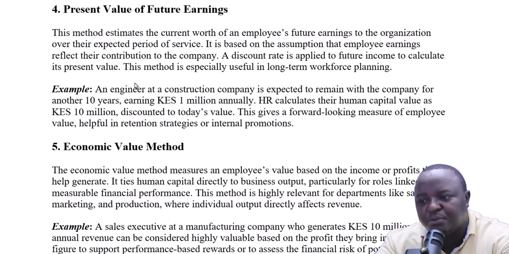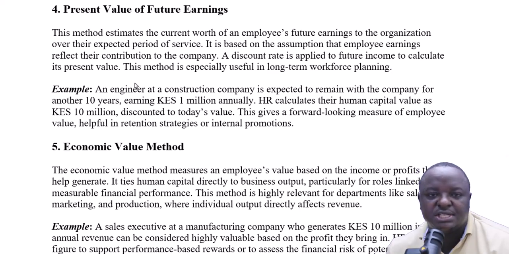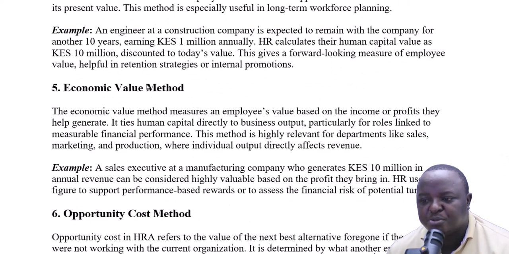As an example, an engineer in a construction company is expected to remain with the company for another 10 years. Because this engineer earns 1 million annually, the HR calculates the human capital value as being 10 million discounted to today's value. This gives a forward-looking measure of an employee's value, which is helpful in retention strategies or even internal promotions.